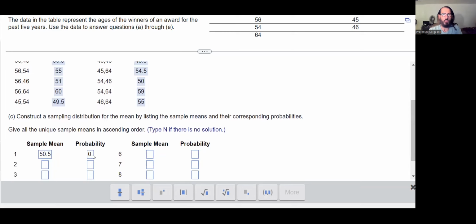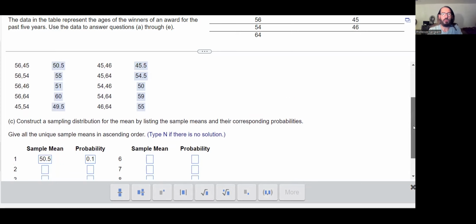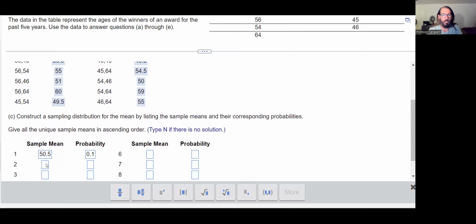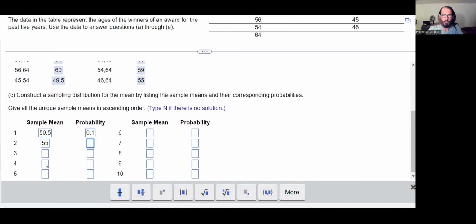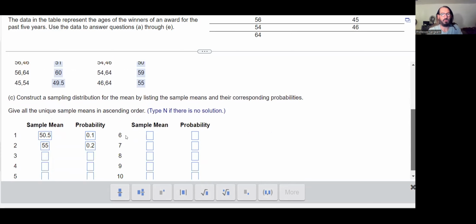So 1/10, 0.1. Then we had the 55. That was showing up twice. $51 only showed up once.